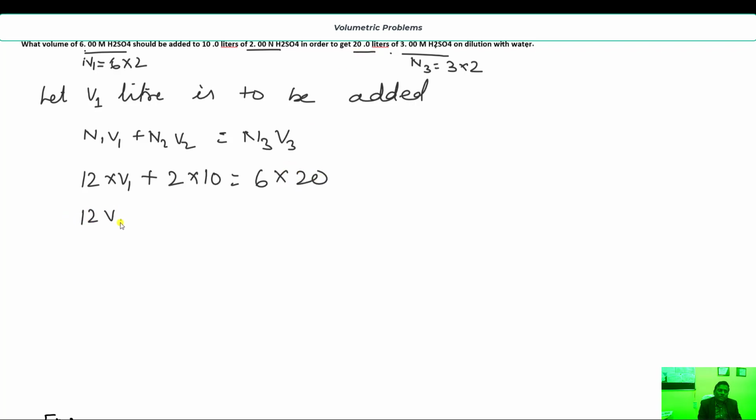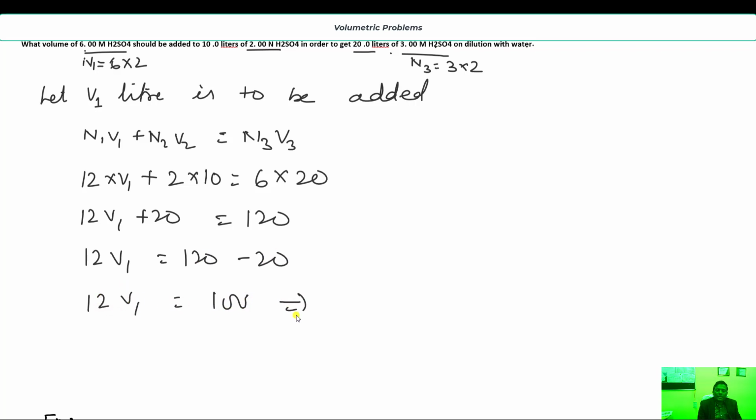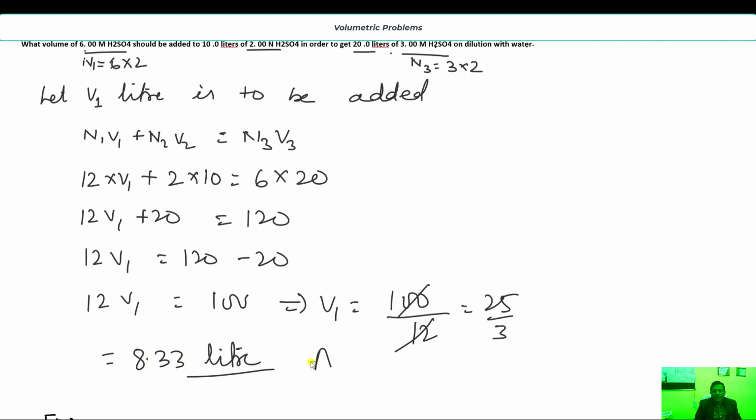So 12 V1 plus 20 is equal to 120, 12 V1 is equal to 120 minus 20, 12 V1 would be 100. From here V1 would be 100 divided by 12, that is 25 divided by 3, that is equal to 8.33 liter. That is your answer.